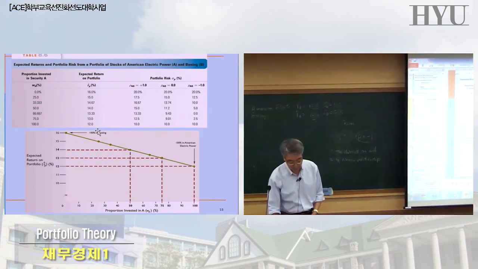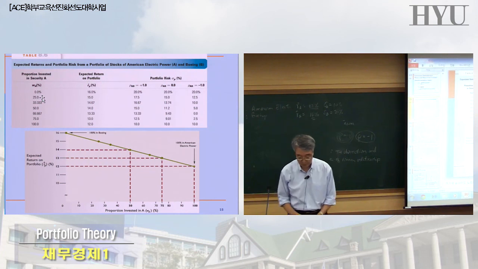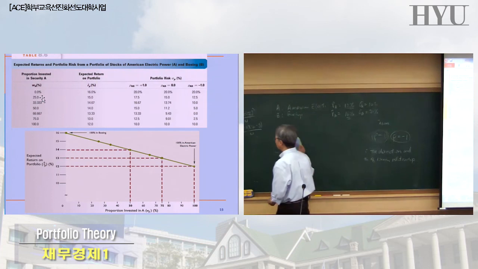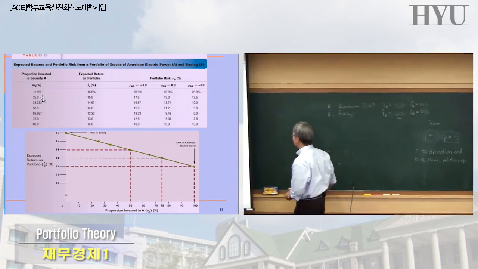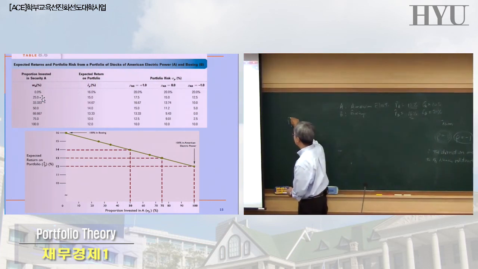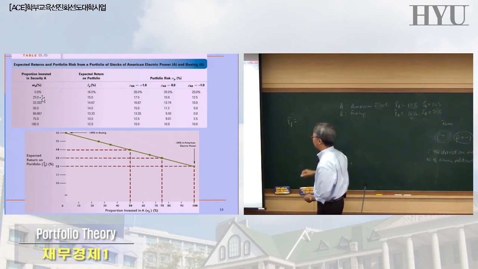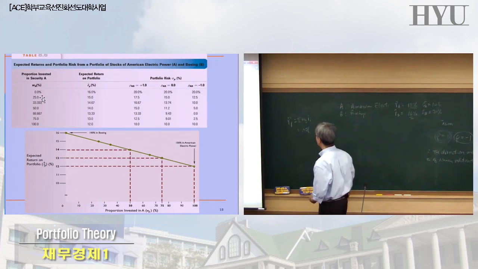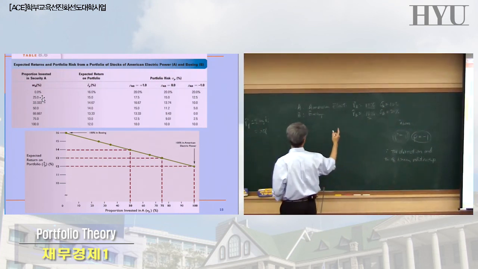Well, the second line says 25% in A, which means 75% in B, right? So you can calculate it using the formula, right? The formula is expected return from portfolio is summation of Wj Rj, right? So 0.25 times, is that 0.25?